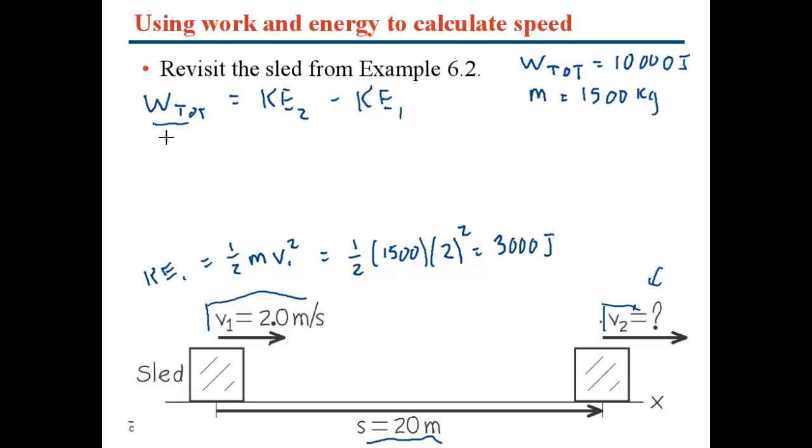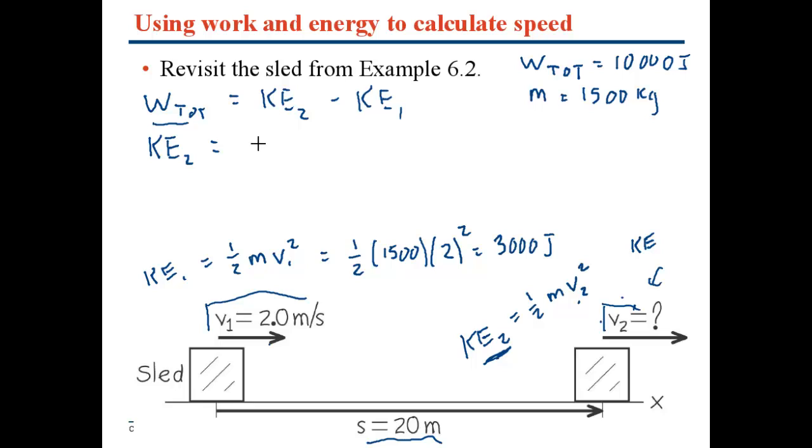Now I'm interested in this velocity 2, and I know that the kinetic energy at point 2 is going to be 1/2 mass velocity 2 squared. If I solve for my kinetic energy 2, then I can solve for velocity very easily. So I can rewrite my equation for kinetic energy 2.